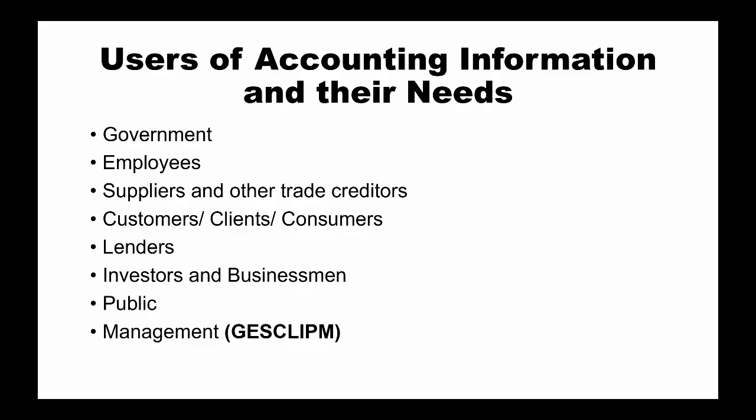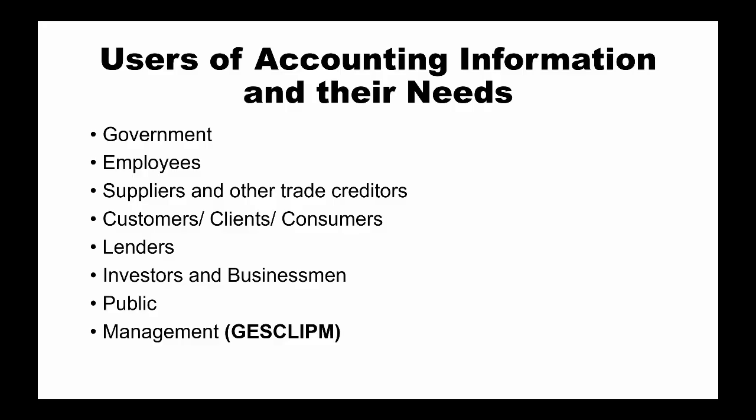Then you have the lenders. It is a similar need as suppliers. They are interested in accounting information to enable them to determine the ability of the client to pay their obligation and the interest attached when the loans become due. Then you have the investors, in order to make relevant decisions.